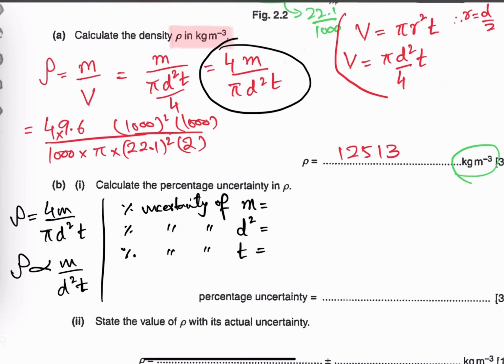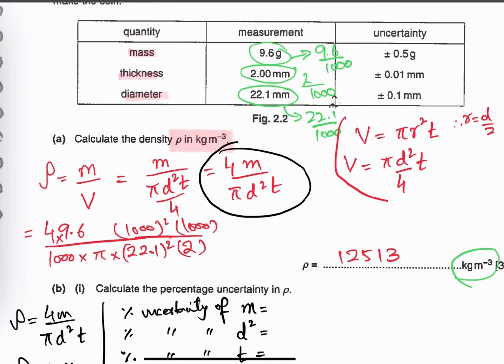I need these, and then we have to add them, and then the percentage uncertainty of density will be the percentage uncertainty of m plus the percentage uncertainty of d squared plus the percentage uncertainty of t. This is the basic procedure that we are going to do. So, finding the percentage uncertainty of mass.